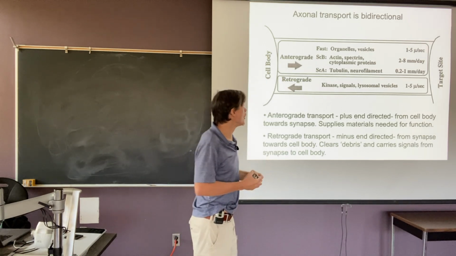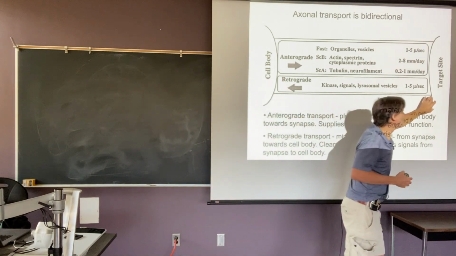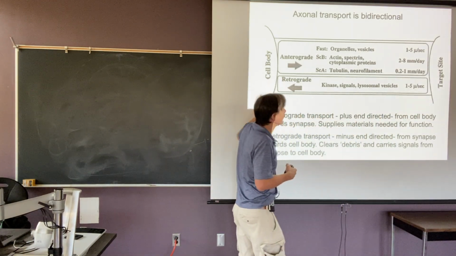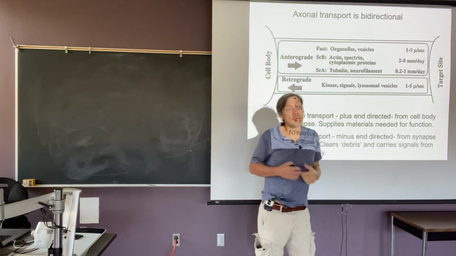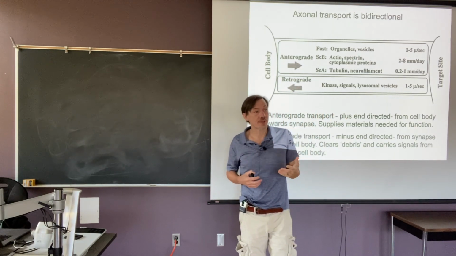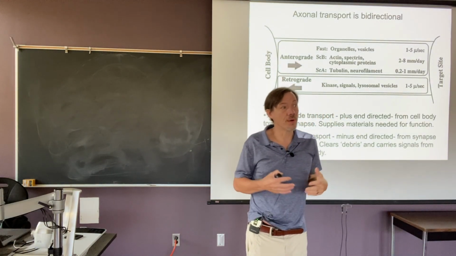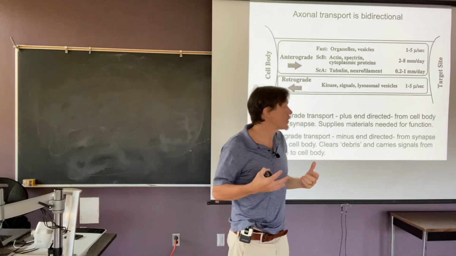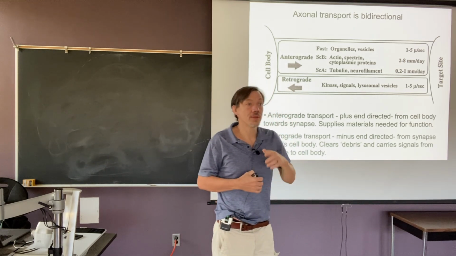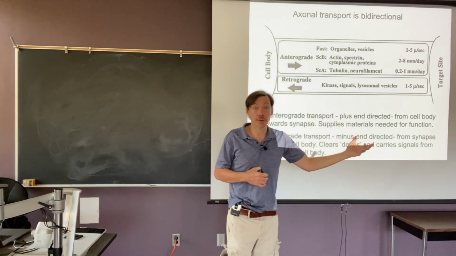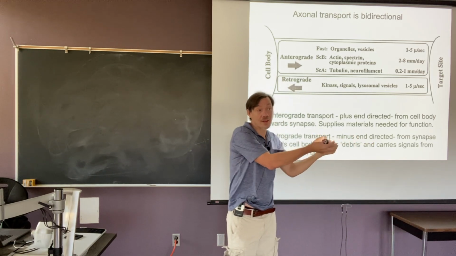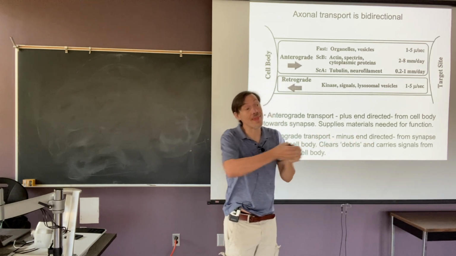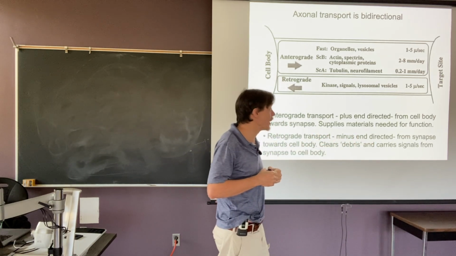And then in addition, there's stuff that needs to be transported back to the cell body. One part of this involves lysosomes. So lysosomes are involved in the degradation of different organelles and proteins. So when material needs to be degraded in the axon, it gets packaged up into lysosomes, and then that gets transported back to the cell body.